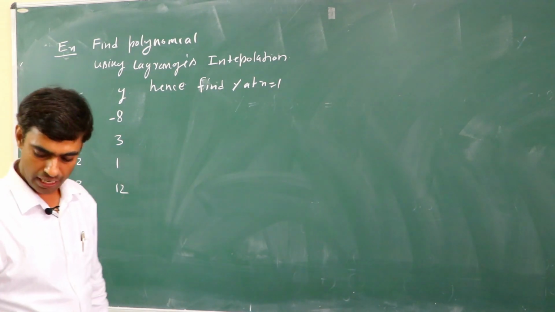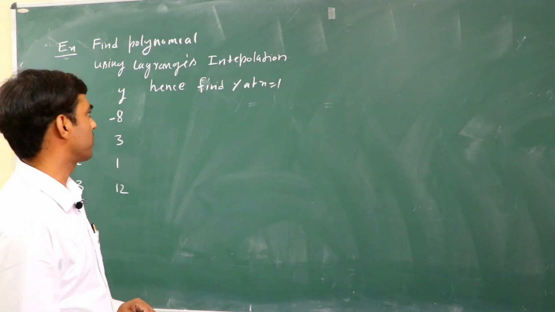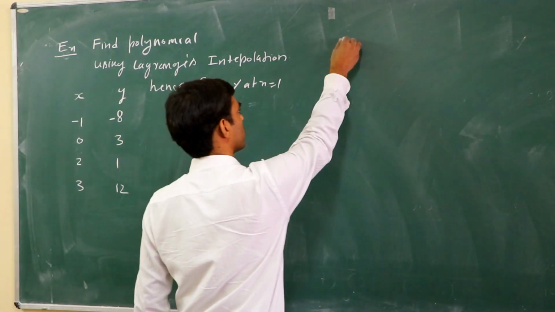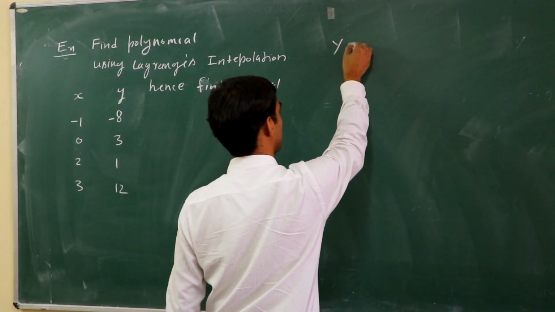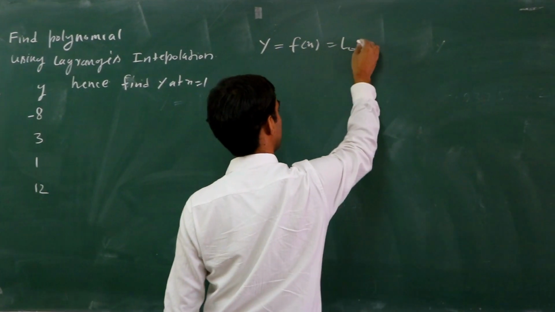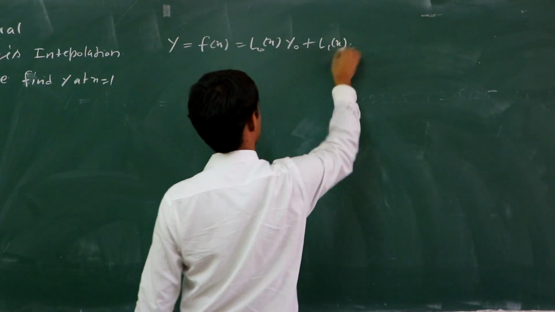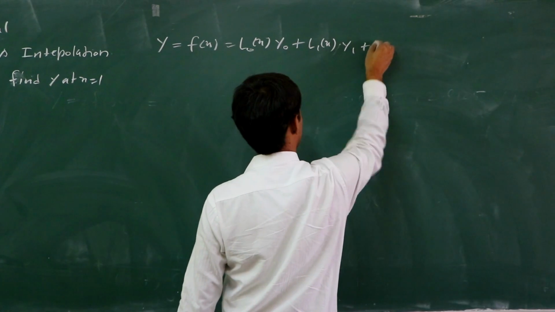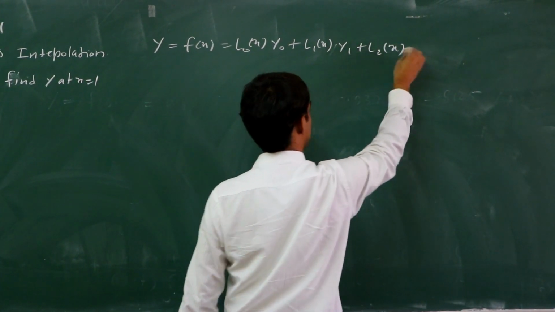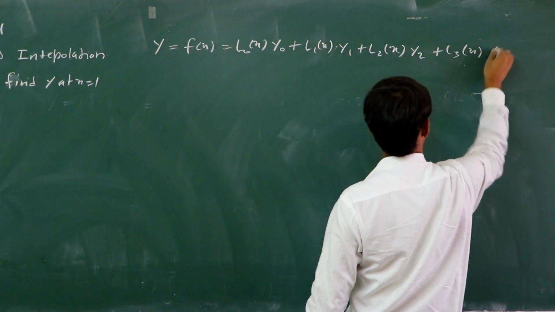So simply, as usual, first we write the Lagrange interpolation formula. What is the Lagrange interpolation formula? y equal f(x) equal L0(x) y0 plus L1(x) y1 plus L2(x) y2 plus L3(x) y3.